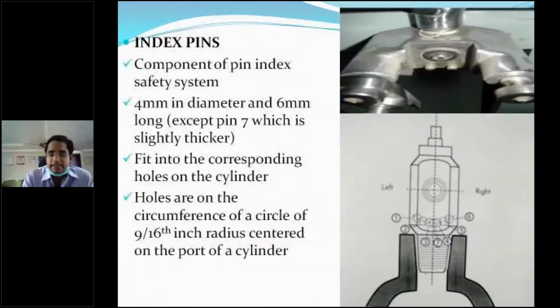So, coming back to the previous slide: 2 and 5 for oxygen and 3 and 5 for nitrous oxide. A nitrous oxide cylinder does not fit the oxygen cylinder pins. This is the importance of the pin index system. Am I clear?